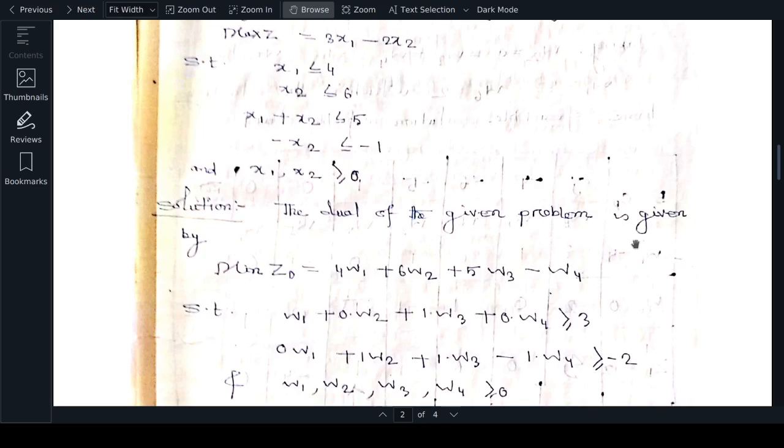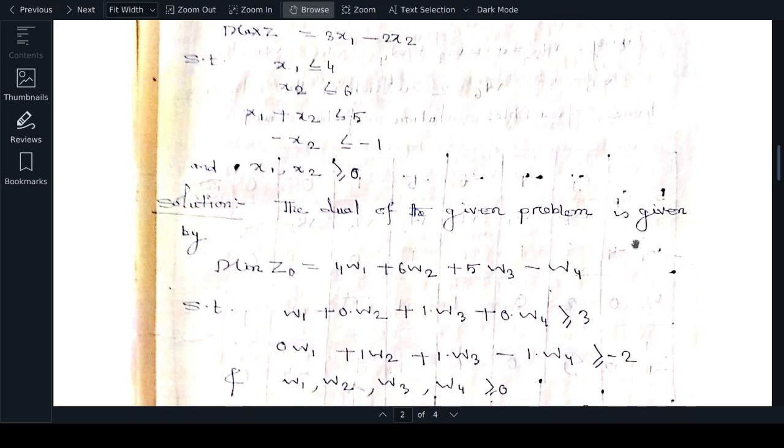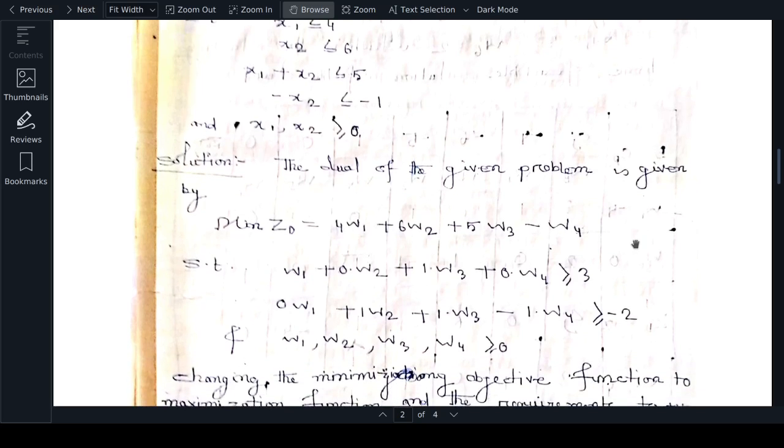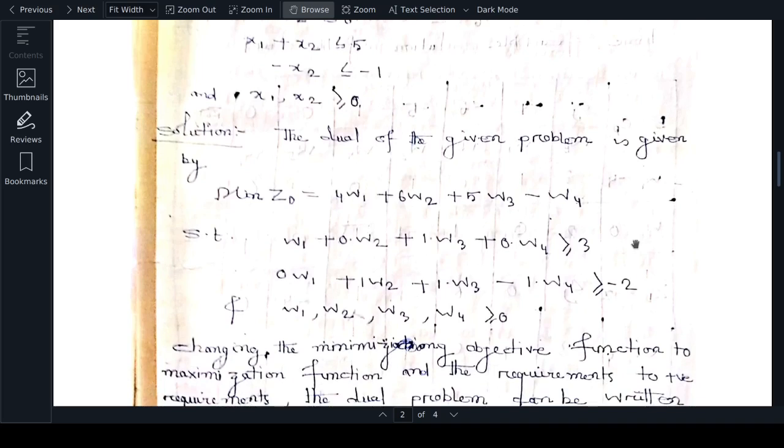The third is 1, so 1 into W3, then minus 1 into W4, greater than or equal to minus 2, because the primal objective function coefficient is minus 2. So the first is greater than or equal to 3, and the second is greater than or equal to minus 2. Clear up to here, everyone?